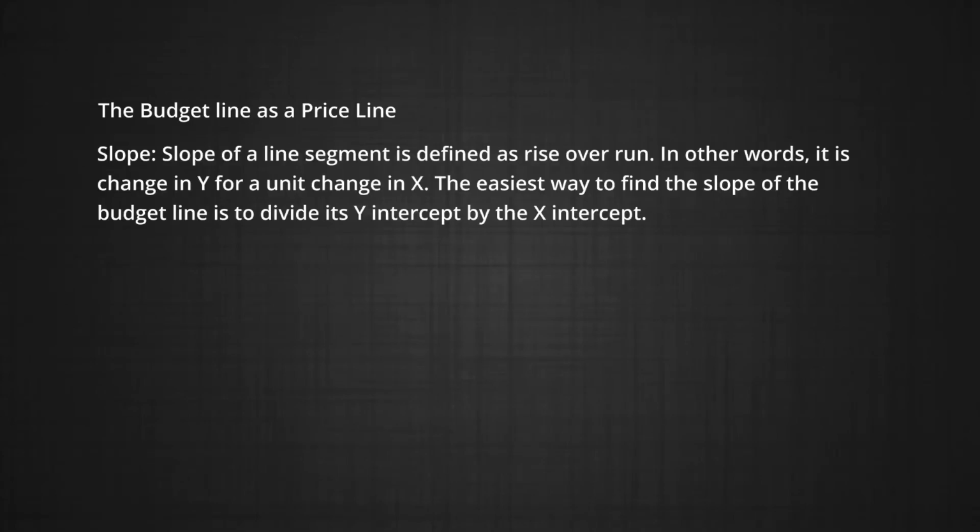To understand this, we start with the concept of slope. The slope of a line is defined as the rise over run. In other words, it is the change in y for a unit change in x. The easiest way to find the slope of a budget line is to divide its y-intercept by the x-intercept.